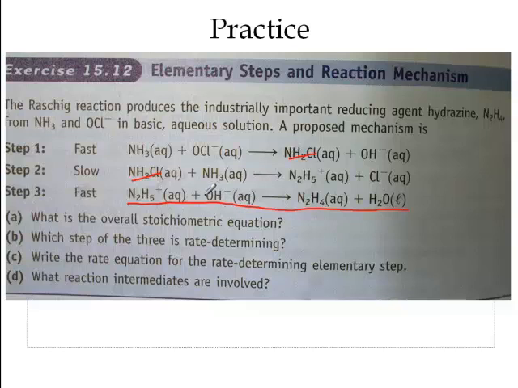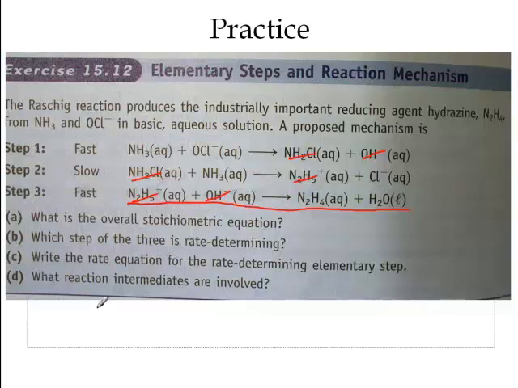Let's see what else I have. I've got some N2H5 over here. I've got it over there. It looks like I've got some OH on this side. I've got some OH on that side. And again, there's no coefficients in front of them. If there were, then we would have to account for that. And let's see if I've got anything else. Okay, it doesn't. I think we're good.